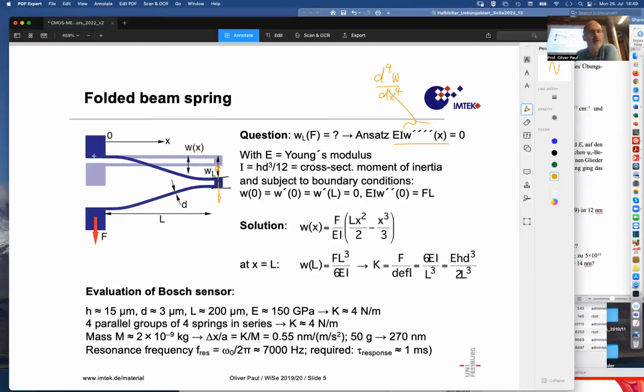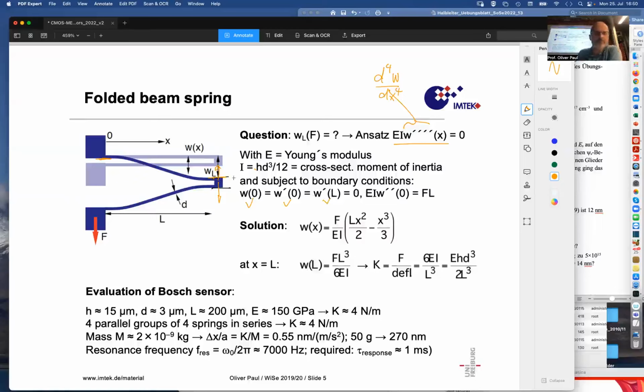The boundary condition for this beam is that at this location, x equals 0, it is not deflected. It is flat. That's the second boundary condition. And then at this other end, at x equals L, it is also flat. So the derivative of W with respect to x at L is 0.